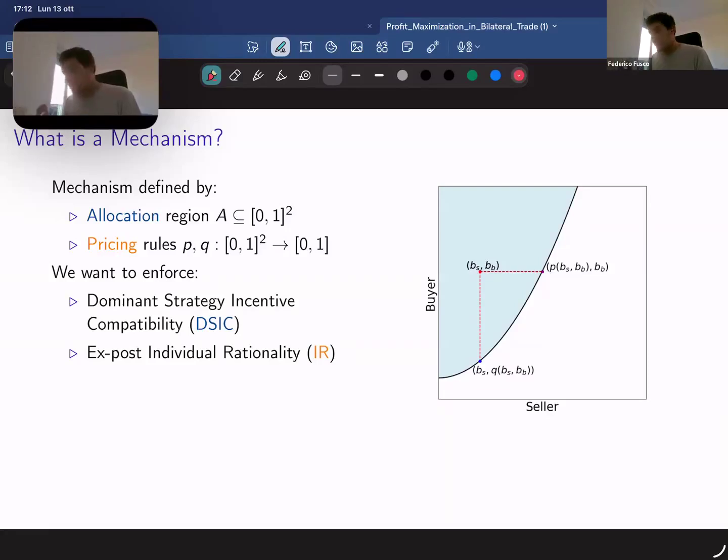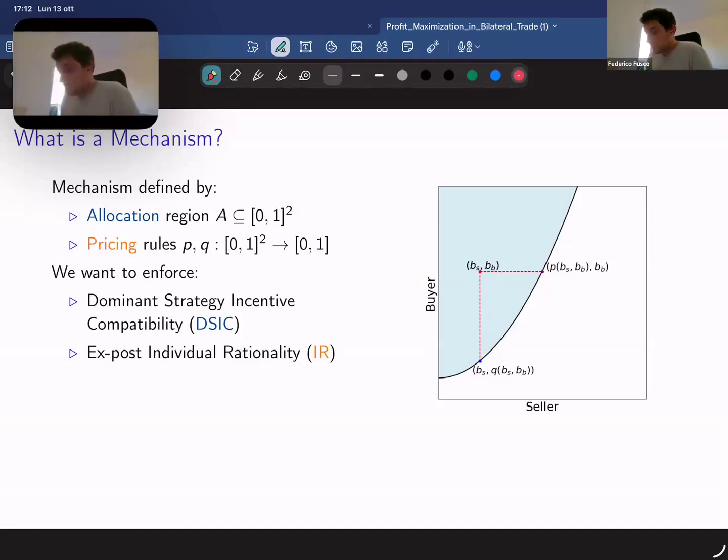And second, to push the agents to participate in this mechanism, we want to enforce ex post individual rationality, meaning that if the seller or the buyer joins this game, they cannot be better off by not participating. Now, these are standard notions. We are focusing on the strongest possible notions: dominant strategy incentive compatibility and ex post individual rationality.